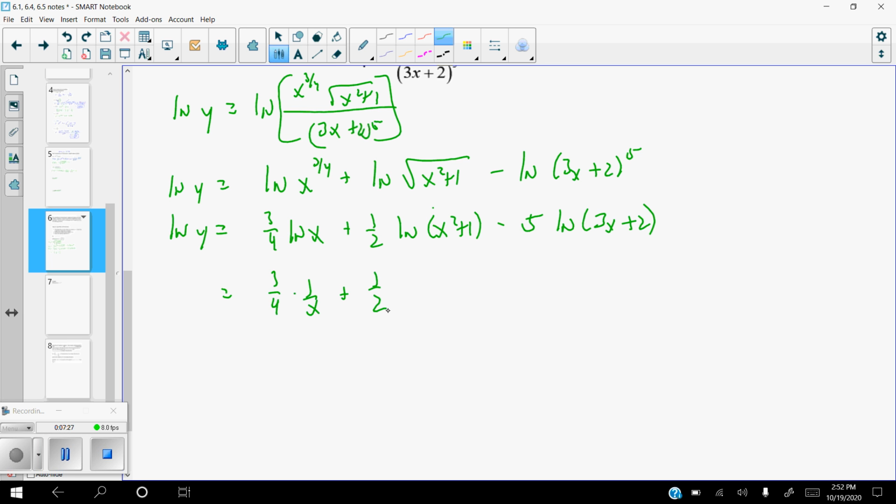The derivative of natural log of x squared plus 1 is 1 over the argument, so 1 over x squared plus 1, times the derivative of the argument, which is 2x. That one's done. 5 is a coefficient. The derivative of natural log of 3x plus 2 is 1 over the argument, 1 over 3x plus 2, times the derivative, which is 3. That part is done.